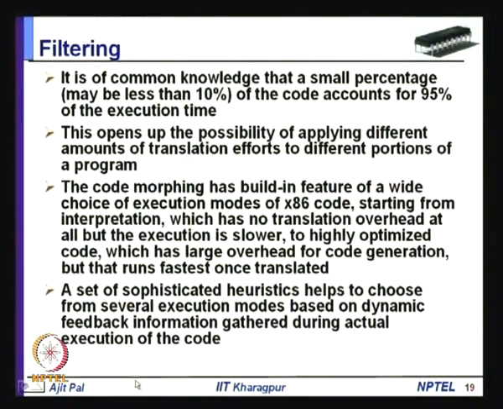Whenever it is run once, the code morphing software gathers information on which part of the code is executed quite often and which part is executed less often. Based on that, the translation effort is done differently for different parts of the code.